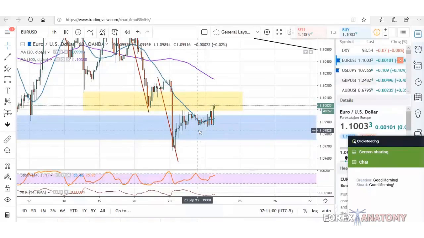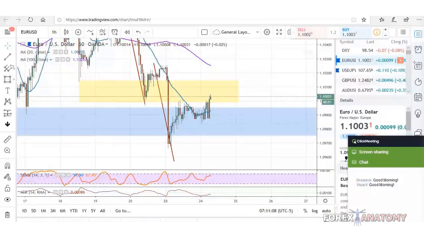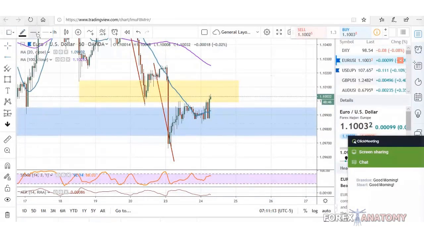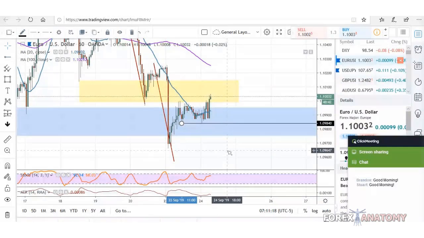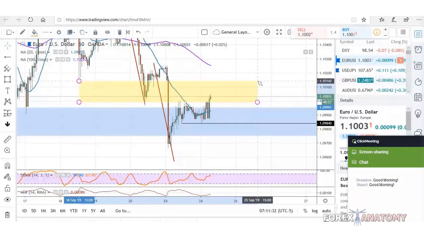But a better way, if you really want to play it safe before you go and short, is to just wait for price to fall lower and break this low right here at 1.0984 before you decide to go short. But we may find an opportunity to go short right here. We may see bearish confirmation somewhere within this zone that can support a reason behind why we should go short.